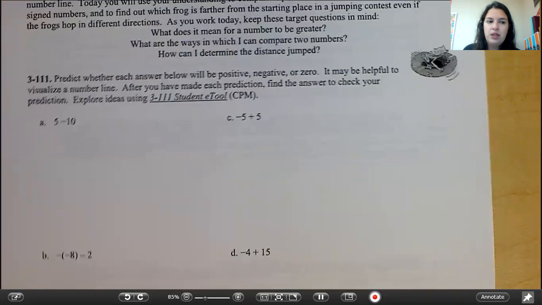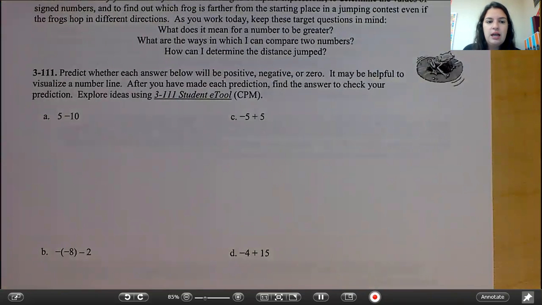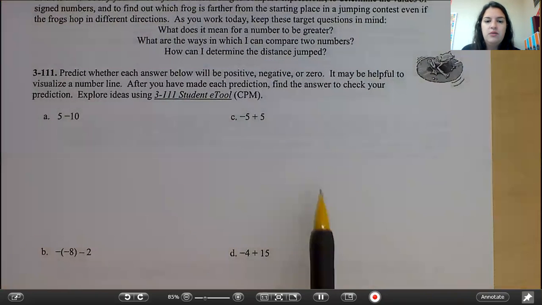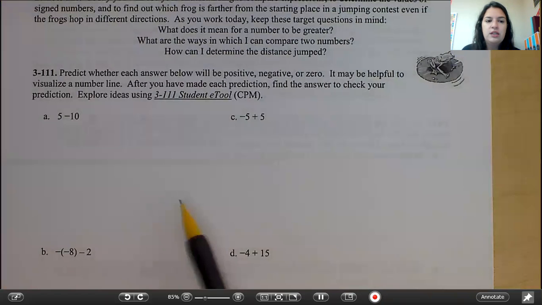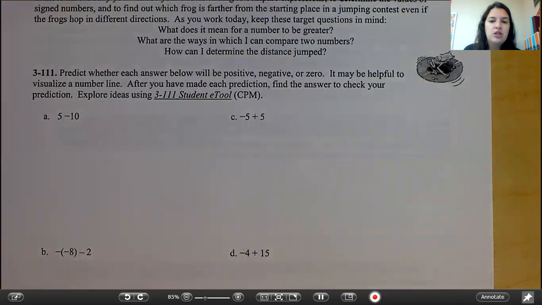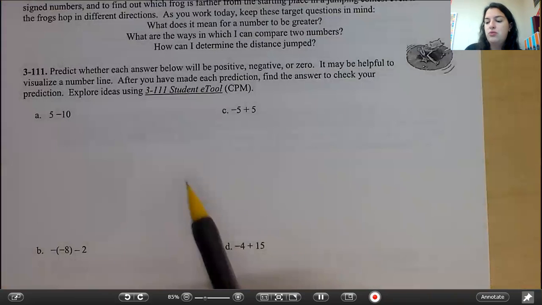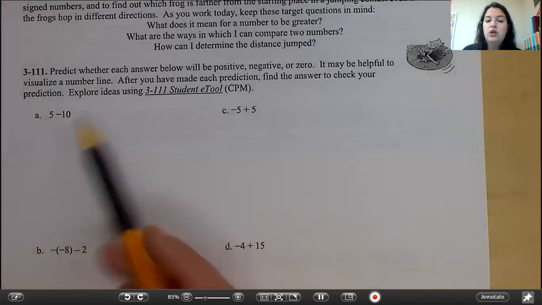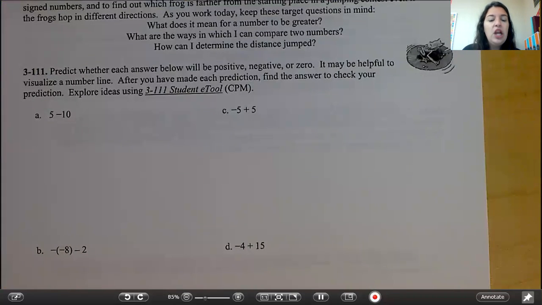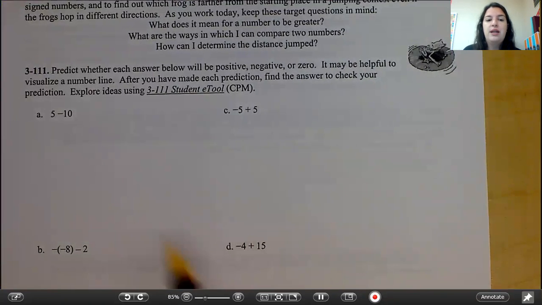So for problem 3-11, predict whether each answer below will be positive, negative, or zero. It may be helpful to visualize a number line. After you have made each prediction, find the answer to check your prediction. Explore using the 3-1-1 Student eTools CPM. You're going to make a prediction, and after that, find out the answer for sure.